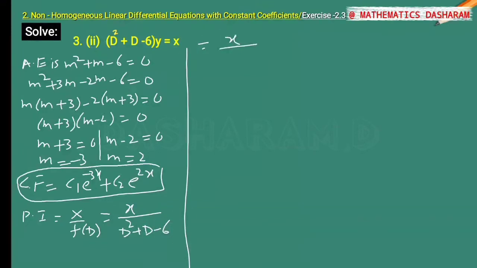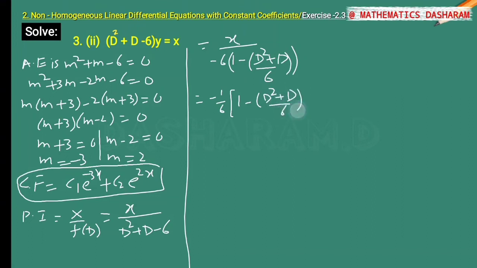So now take the -6 common, so -1/6 [1 - (D² + D)/6]^(-1) into x.